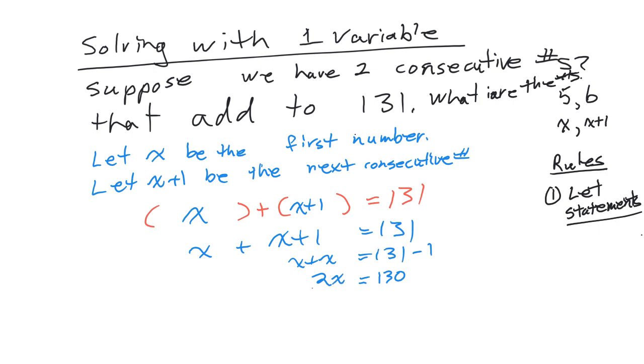When we solve for x, we must divide both sides by 2. In this case, we end up with x equal to 60. So that means x plus 1 is equal to 61. So the two numbers are 60 and 61.